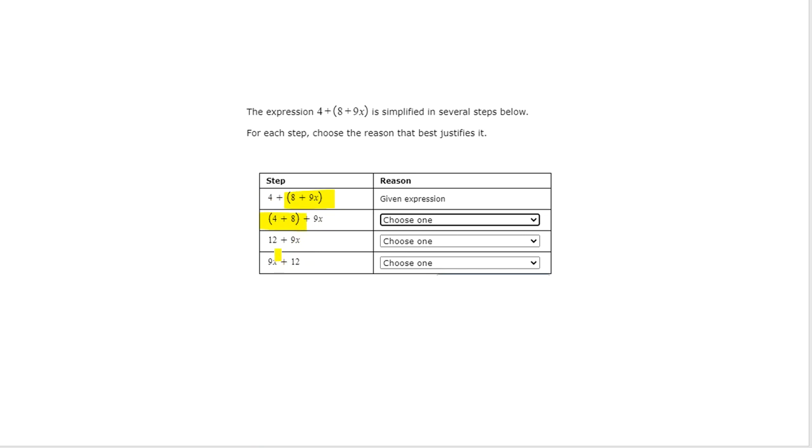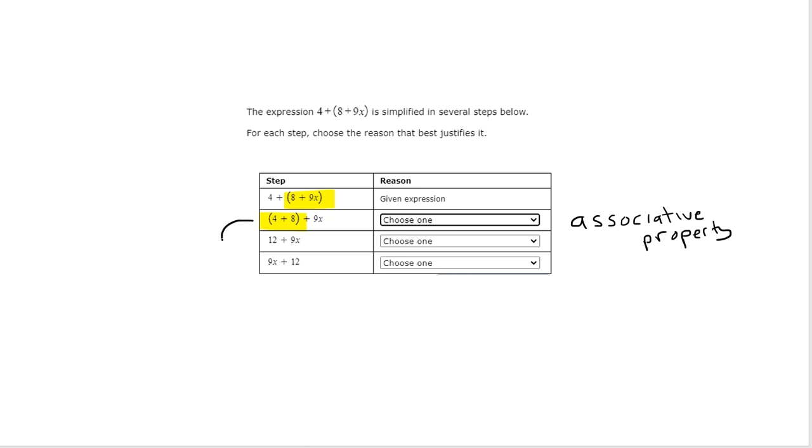But in this one, there was a change of parentheses. And so the 4 plus the 8 would be done first. So the justification for that, being able to add in a different order first, is called the associative property.